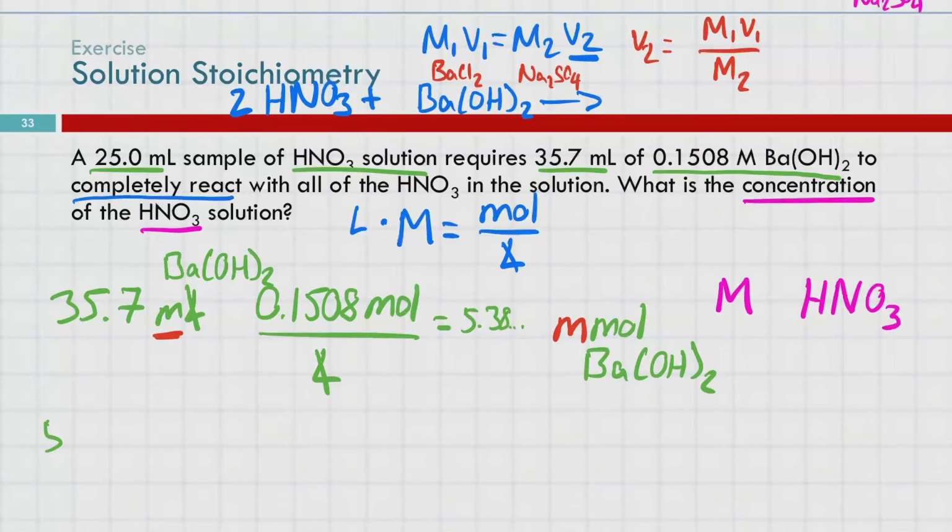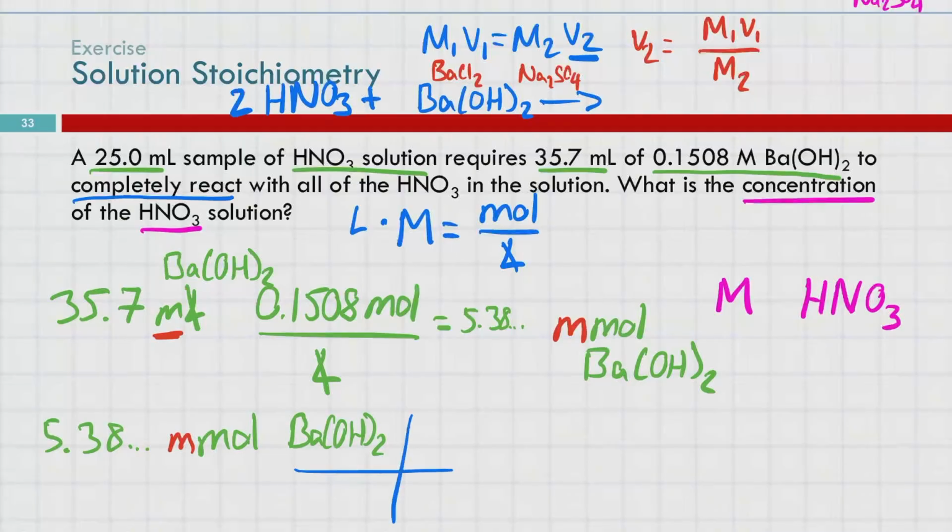So picking up with that 5.38 millimoles barium hydroxide, Ba(OH)2, we will need 2 HNO3s for every 1 barium hydroxide.